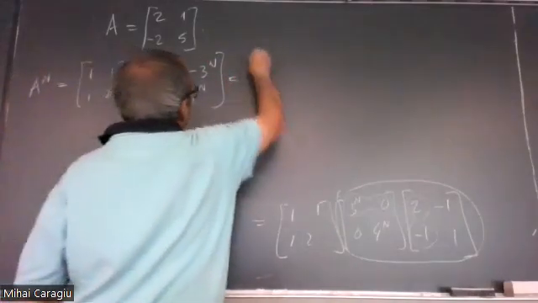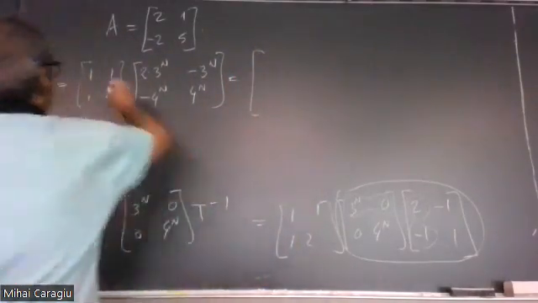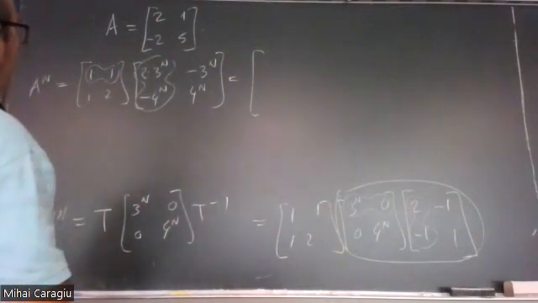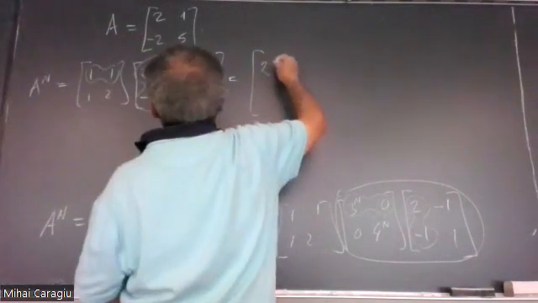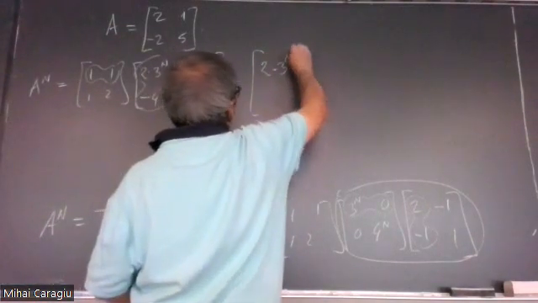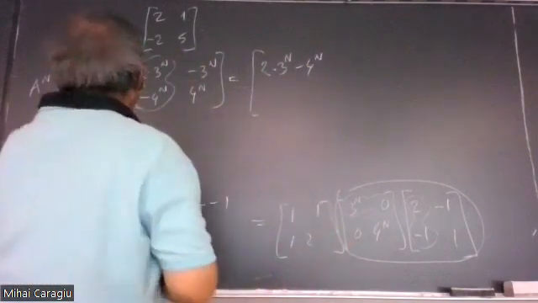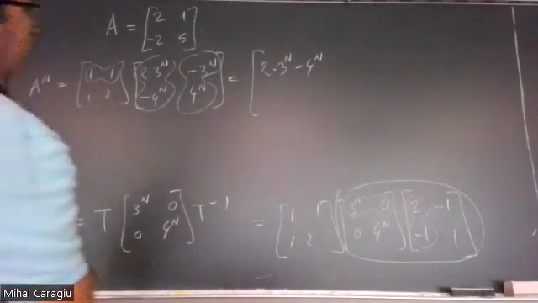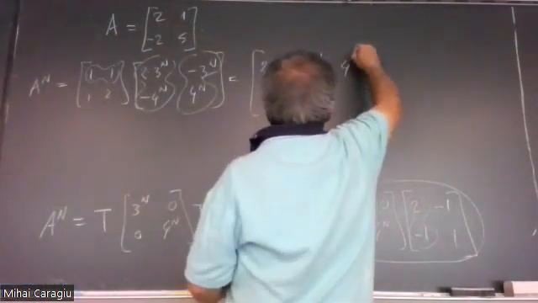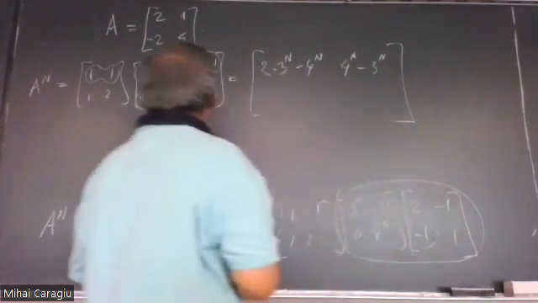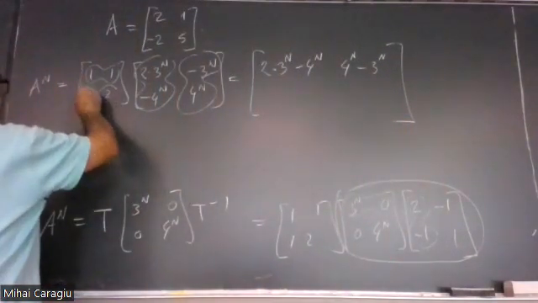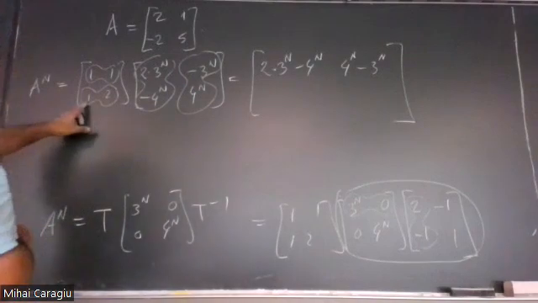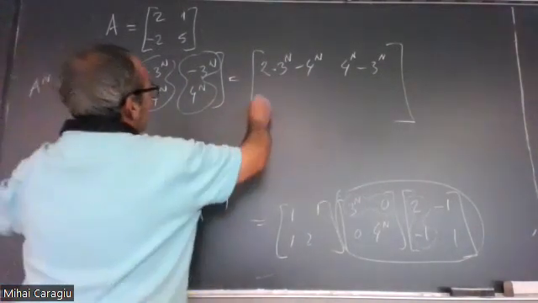Which is, first row, first column: 2 times 3 to the power n minus 4 to the power n. First row, second column: 4 to the power n minus 3 to the power n. Second row, first column: 2 times 3 to the power n minus 2 times 4 to the power n.